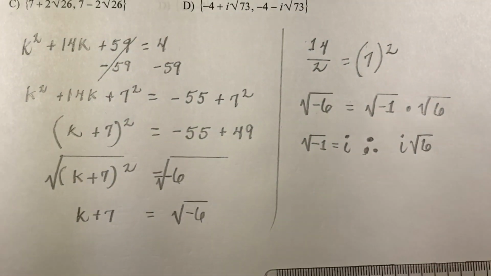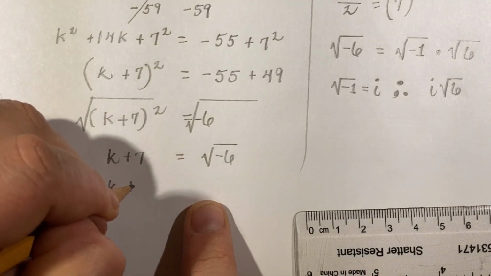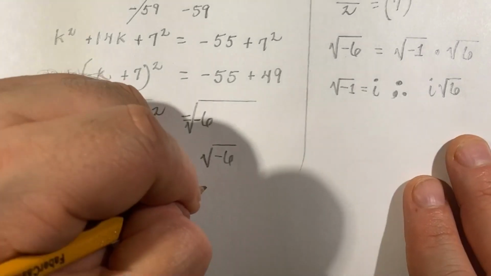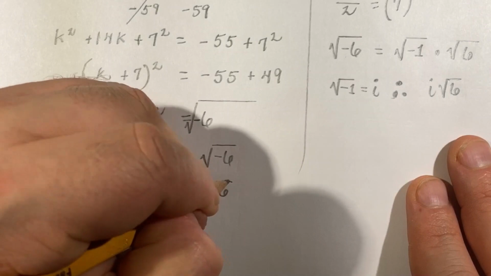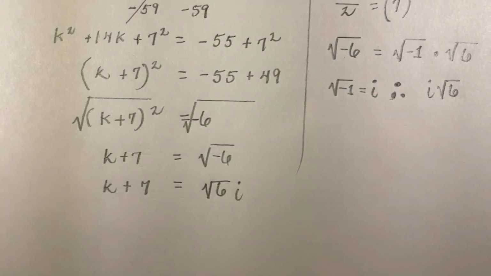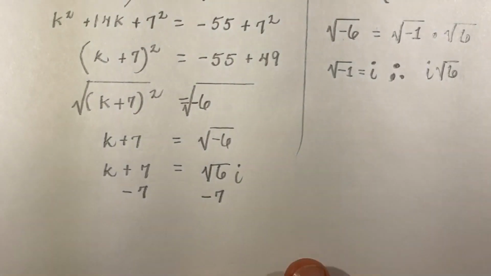Okay, so we go back here and we just write k plus 7 equals, and I'm going to write the square root 6 first, square root 6 i. It's multiplied. It's square root 6 multiplied by i. All right, so now we're going to just subtract 7 from both sides.